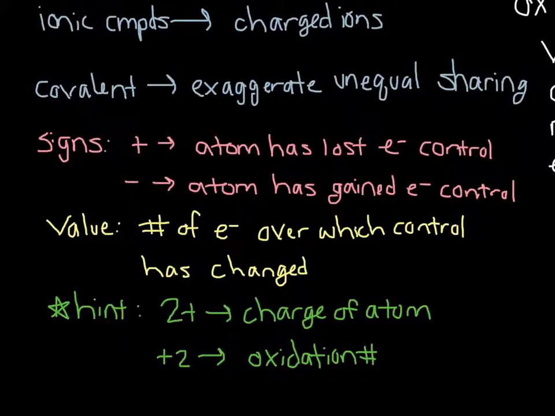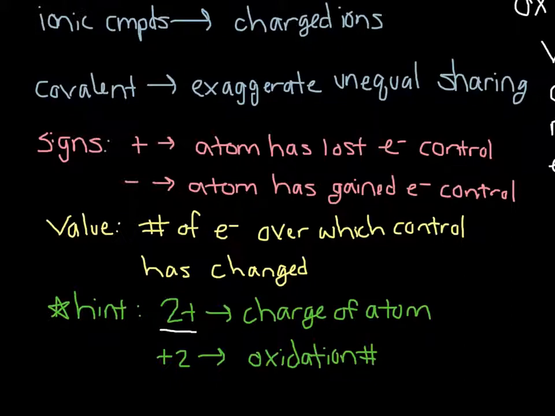And something to keep in mind is the way in which we distinguish oxidation numbers versus charges. For a charge of an atom, you write the number first and then the plus or minus sign. So 2+, that will give us the charge.